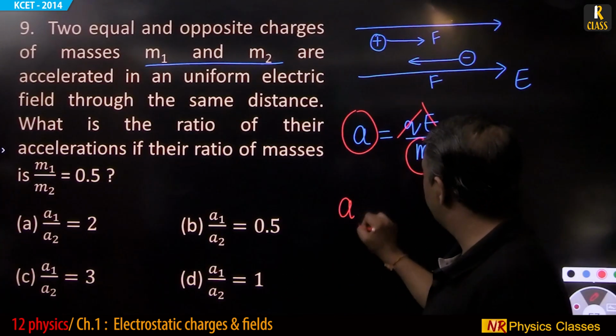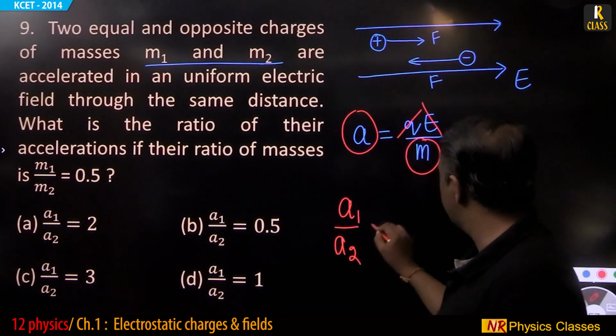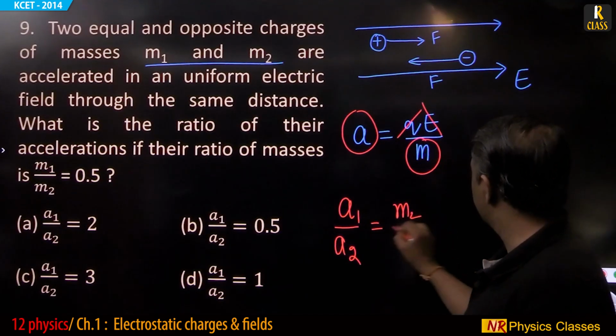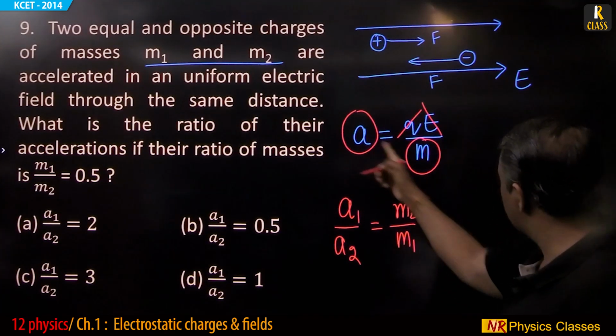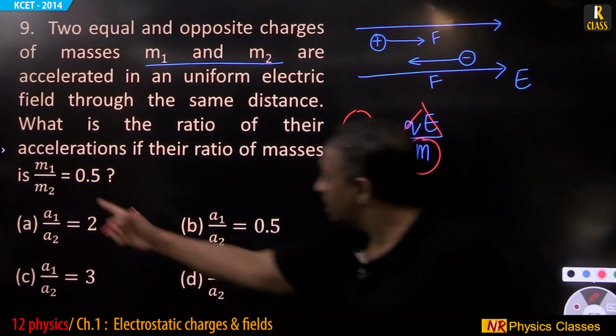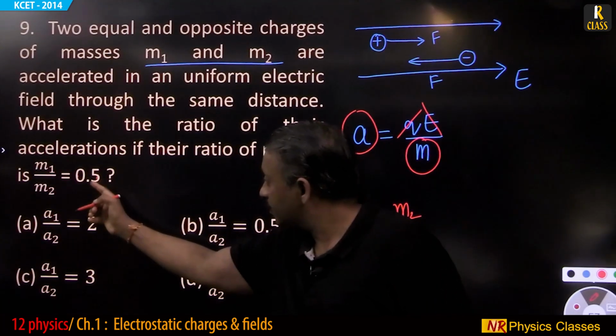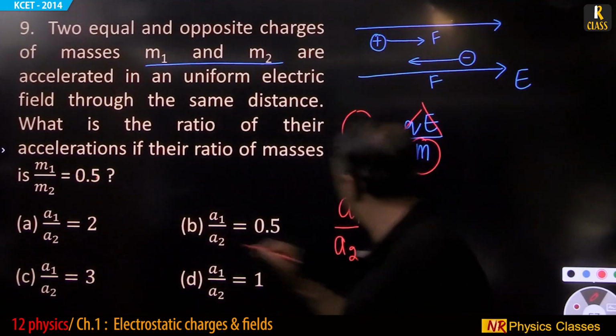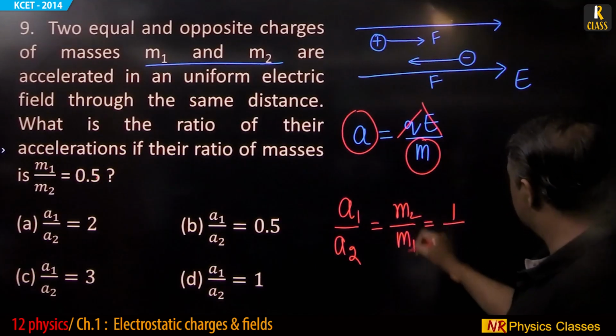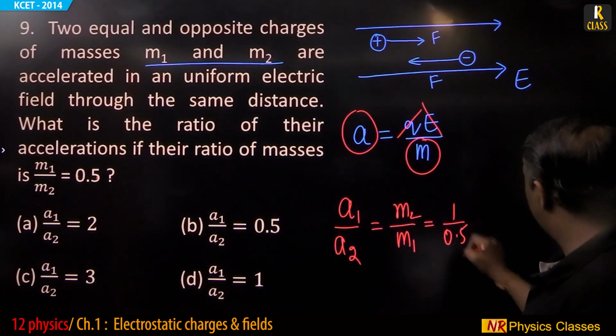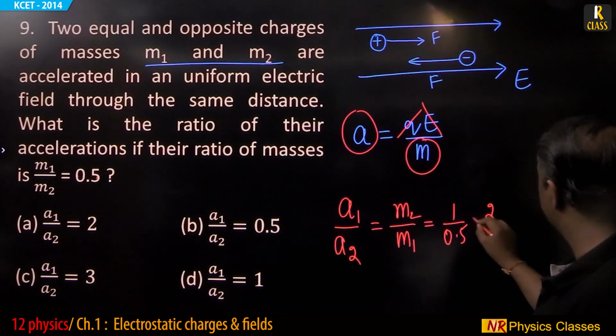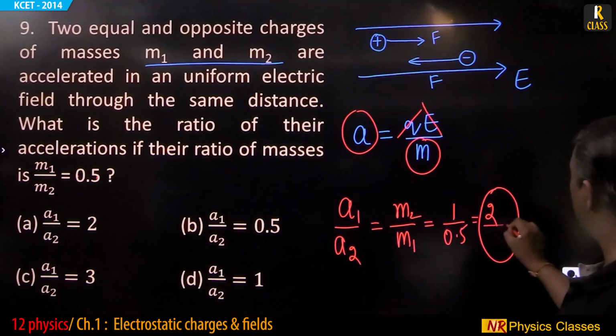We want a1 by a2. a1 by a2 is m2 by m1. Why m2 by m1? Inversely proportional. But m1 by m2 is 0.5. Therefore, m2 by m1 is 1 by 0.5, which is 2. So the answer is 2:1.